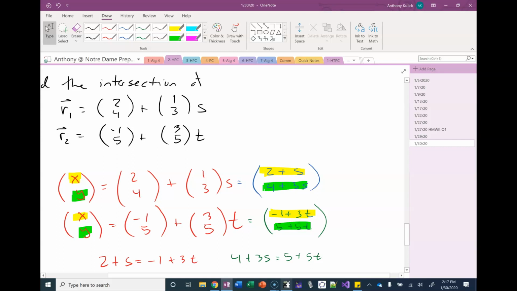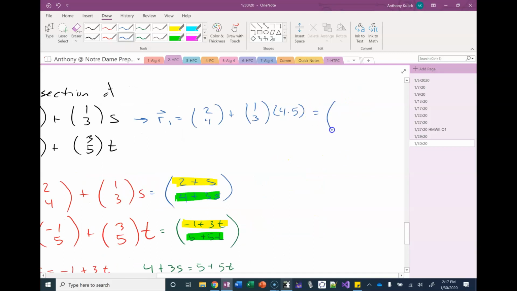So for example, I know that s is 4.5. So here I could plug in 4.5 for s. And that is going to give me that.